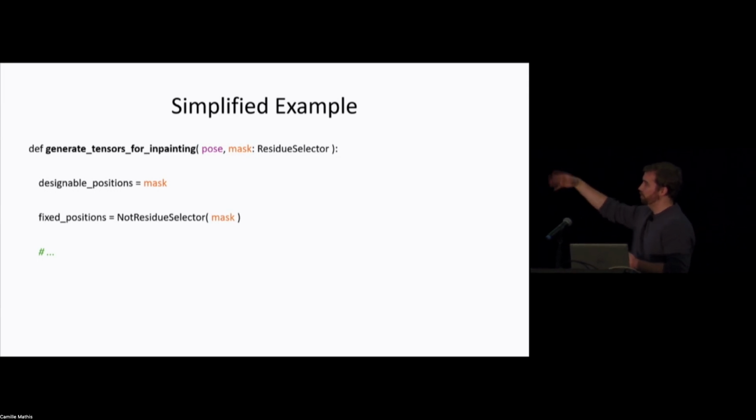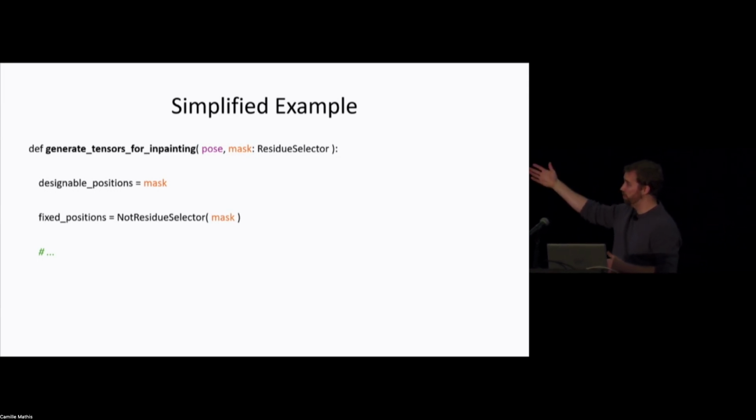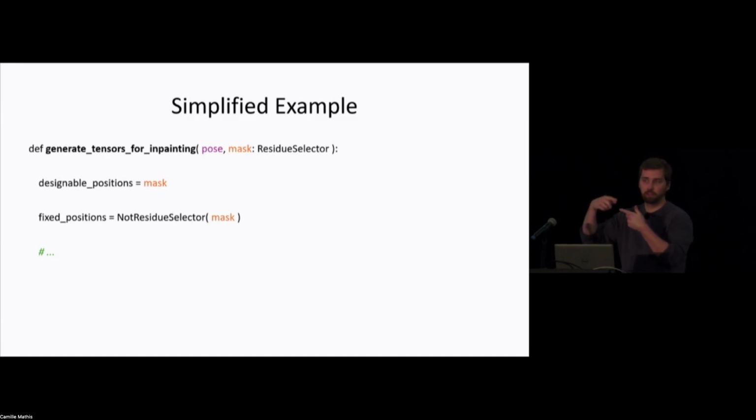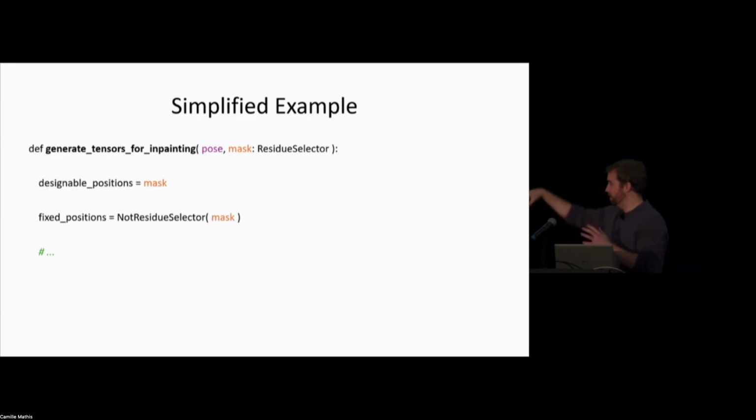The residue selector you then use as the designable positions that can be molded by your ML model. And then just the opposite of that is the fixed positions, the negation of that mask. So you'd use the not residue selector, which takes all of the ones and zeros and flips them. This is normal PyRosetta so far.